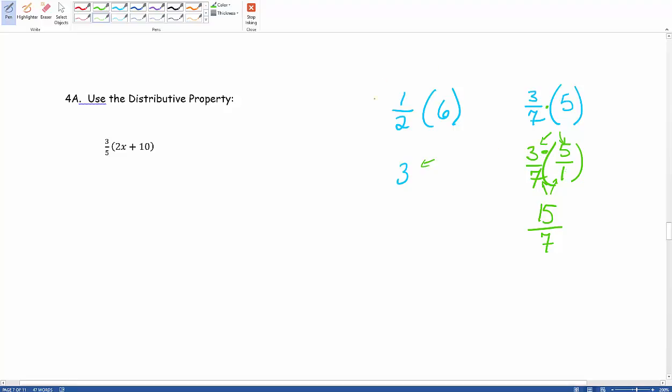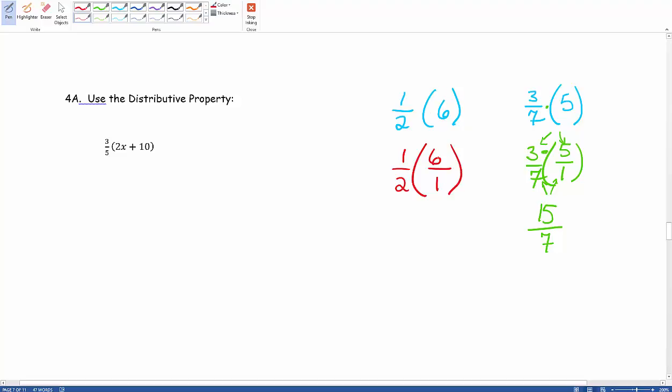We can even prove that that's actually happening with this earlier one. We know that a half of 6 is 3. That's no surprise, but let's show it and prove it. If we had a half of 6, we can rewrite 6 as 6 over 1, because 6 divided by 1 is still just 6.